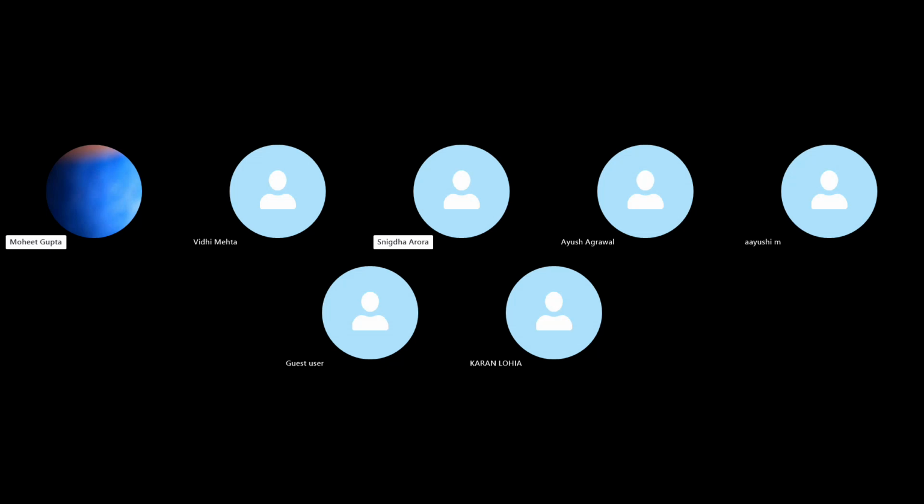Market capitalization means, if you want to buy a Reliance share today, let's say the price is 1100 rupees, and there are 100 shares of Reliance in total. 1100 into 100 is how much? 1,10,000.